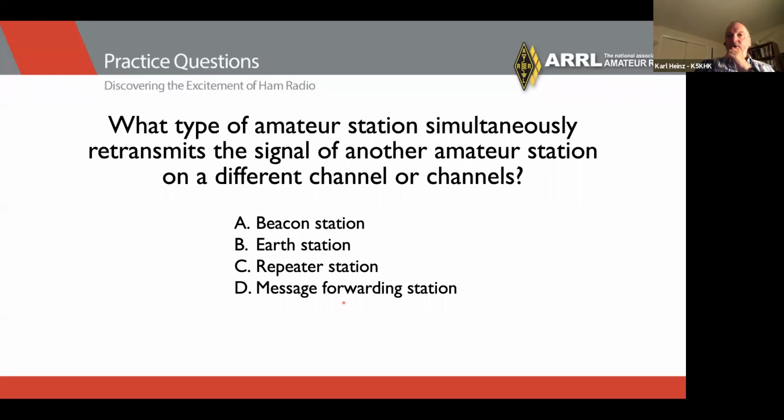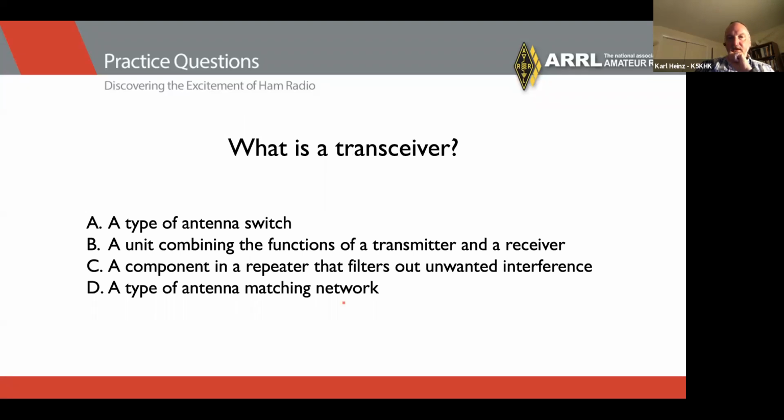What type of amateur station simultaneously retransmits the signal of another amateur? Yes, it's a repeater. So it was one of those 2 terms that we learned today, and this is the repeater. And then what is a transceiver?